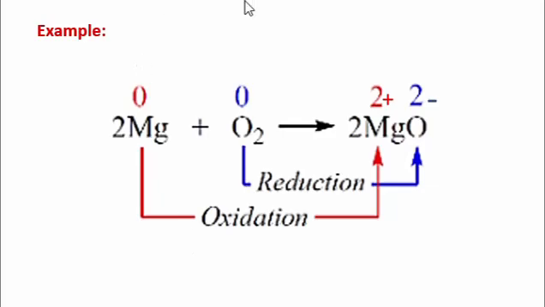For example, notice that the oxidation number of magnesium and oxygen at the beginning is 0, as you see, but after the reaction takes place, the oxidation number of magnesium becomes positive 2 and for oxygen minus 2.